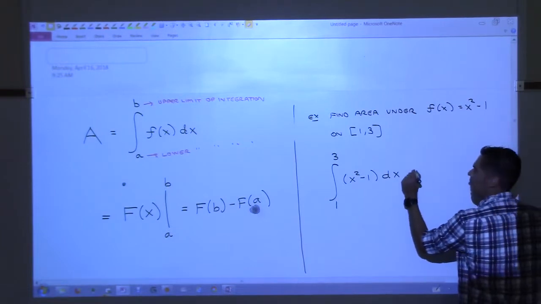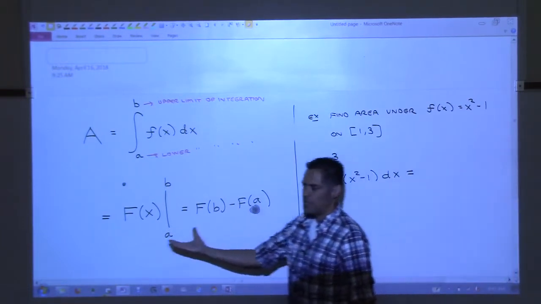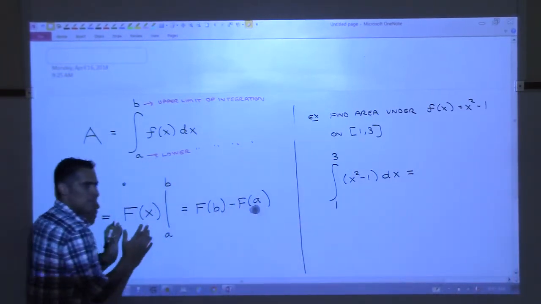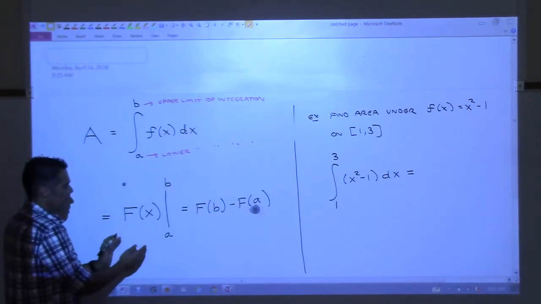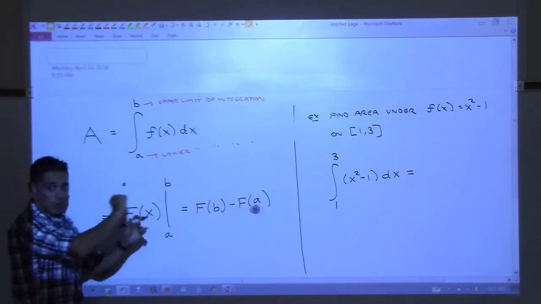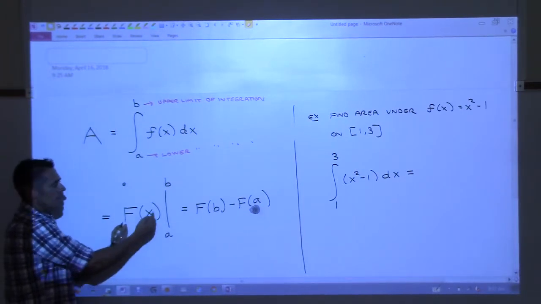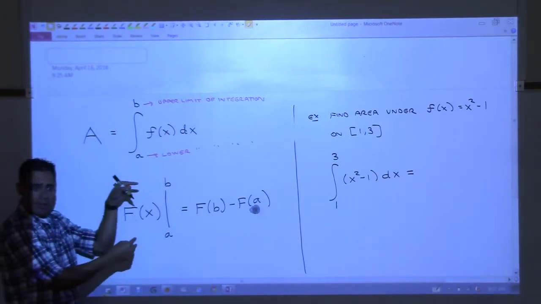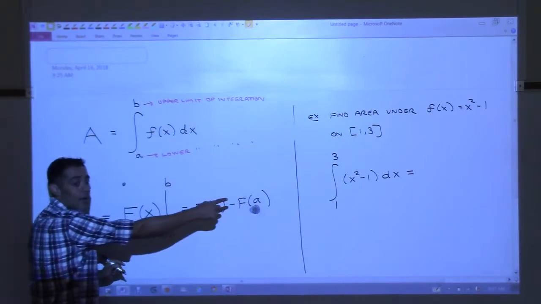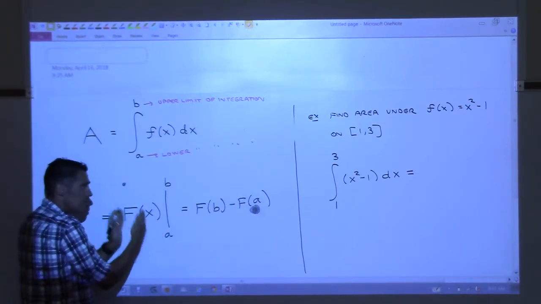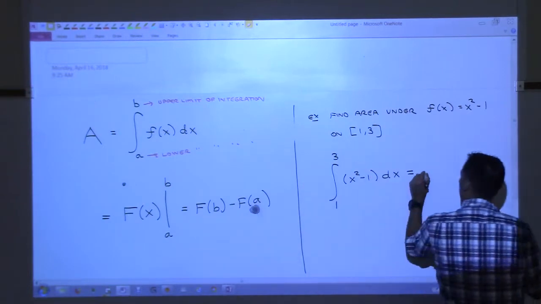The next step is to write this down. I told you to ignore it, but let's see what this really is. This gives you an opportunity in your work, as you're writing, to actually write the antiderivative down. And then this is just going to remind us that we still need to plug in the two endpoints to get our numerical answer. So I'm just going to write my antiderivative down right here.